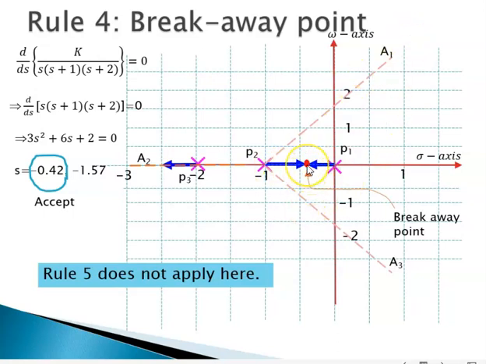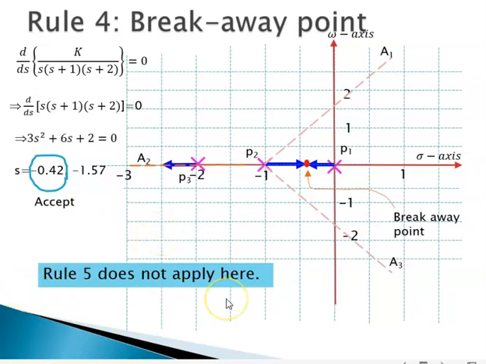So this is the breakaway point. So we'll choose the one between 0 and -1, and we reject the other. This other one is the breakaway point for the complementary root locus. We are not concerned with that right now, and we will go on to the next step.